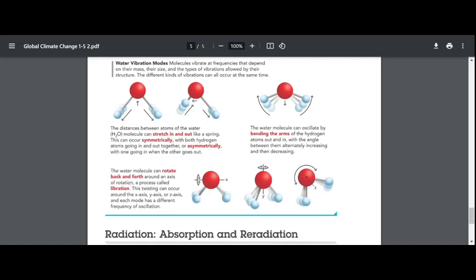The water molecule can rotate back and forth around an axis of rotation, a process called libration. This twisting can occur around the x, y, or z axis, and each mode has a different frequency of oscillation. So again, this one's the x-axis, the y-axis, and this is the z-axis.